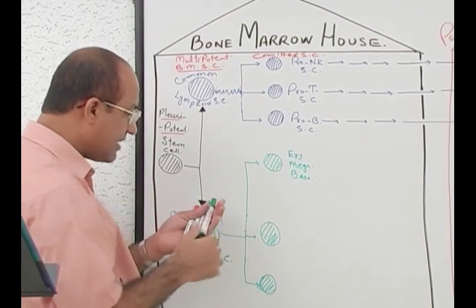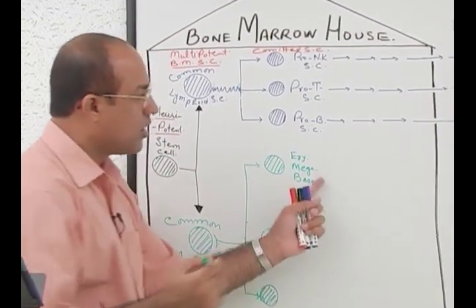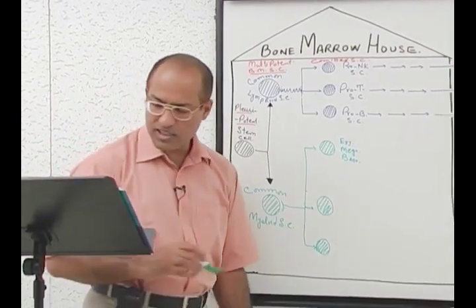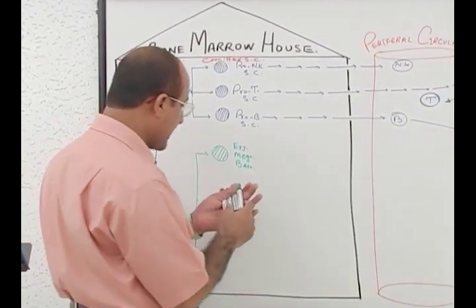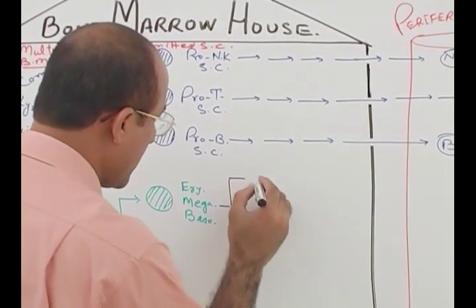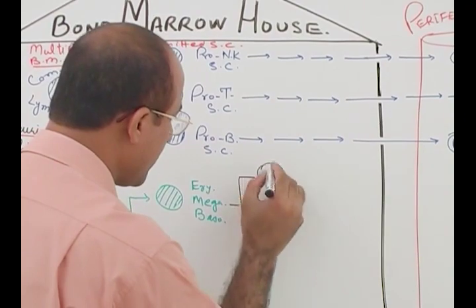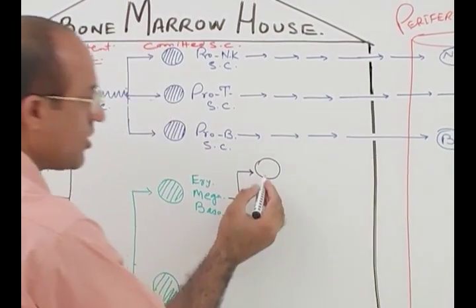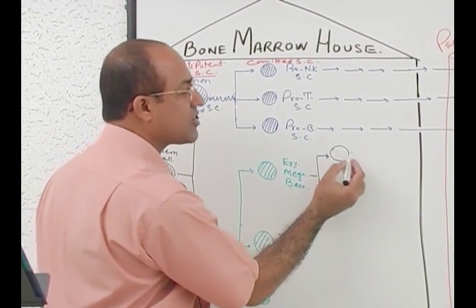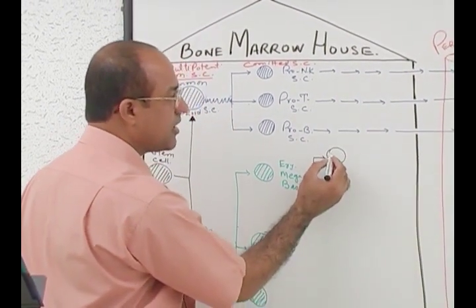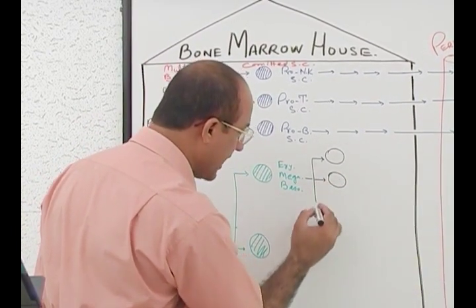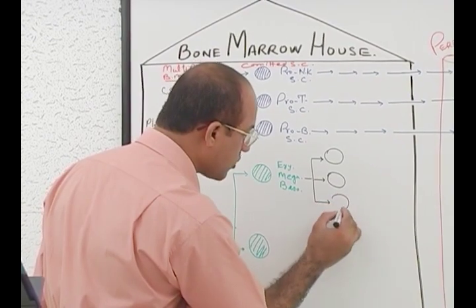That this cell has a potential to go into morphologically recognizable precursors of 3 types. It can make a product here, right? This is the morphologically recognizable precursor cell for the erythroid series, and it is called erythroblast, right? And this is megakaryoblast, and this is basoblast.